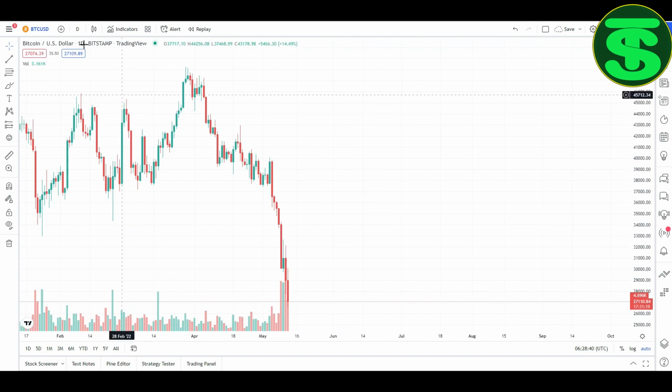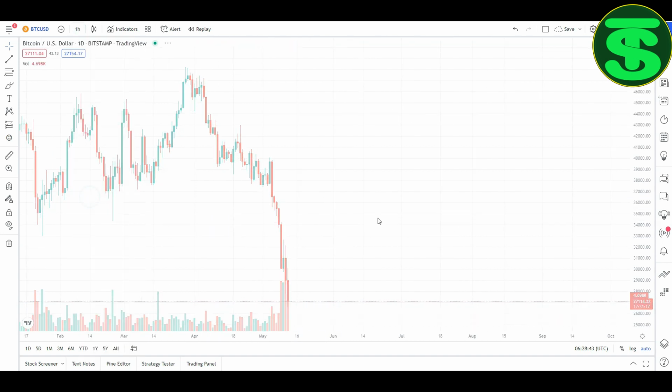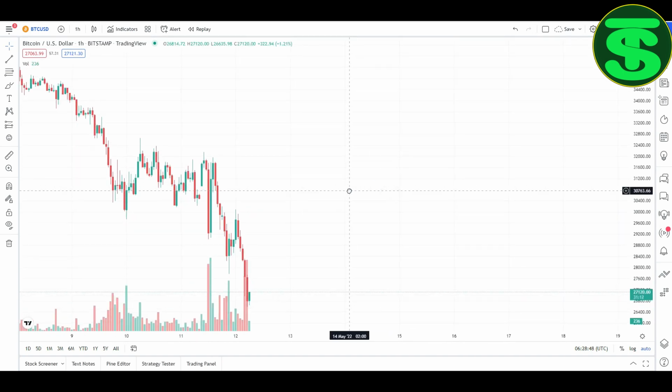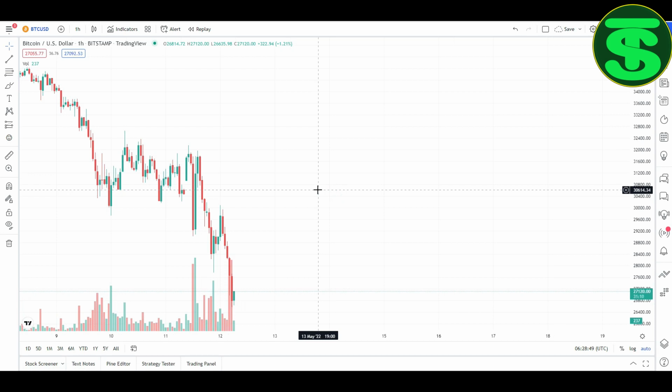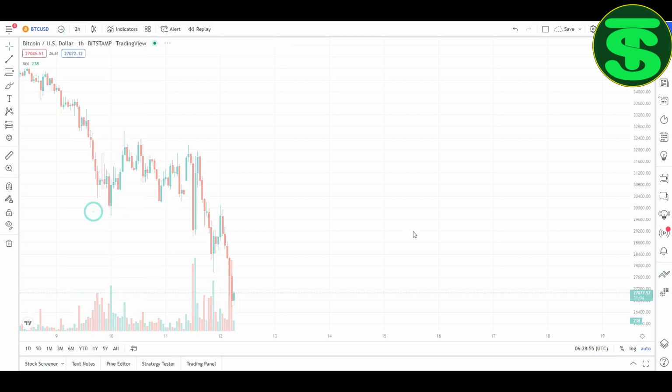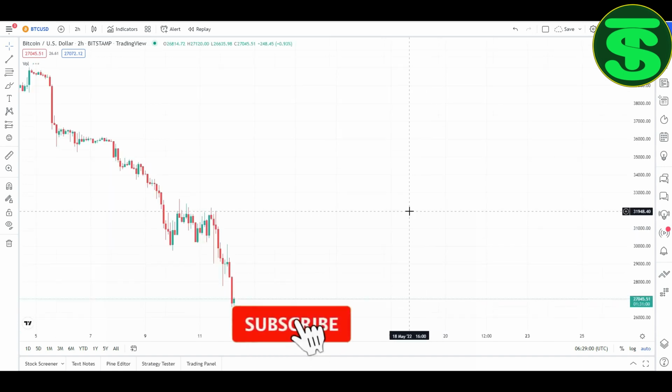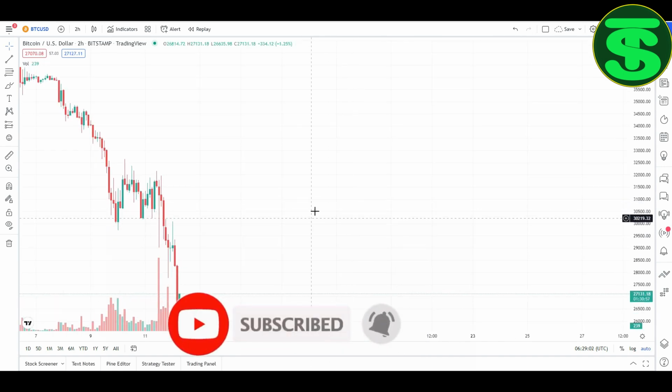If I go to the 1 hour chart, you can see in the 1 hour chart the market is going up. If I go to the 2 hour chart, you can see in the 2 hour chart the market is going up.